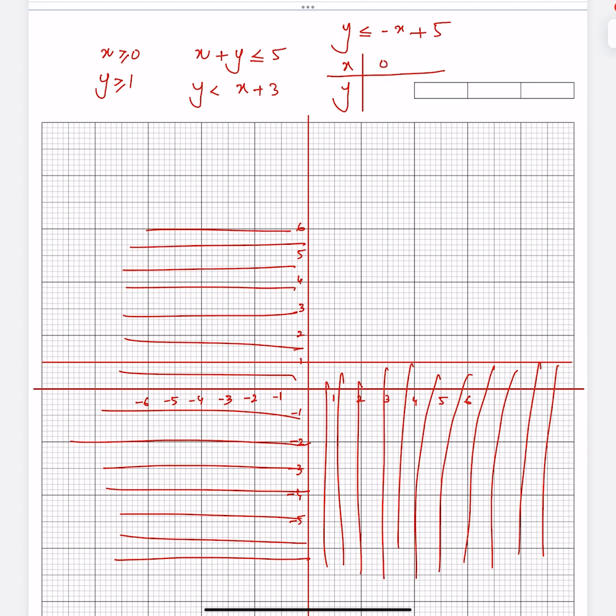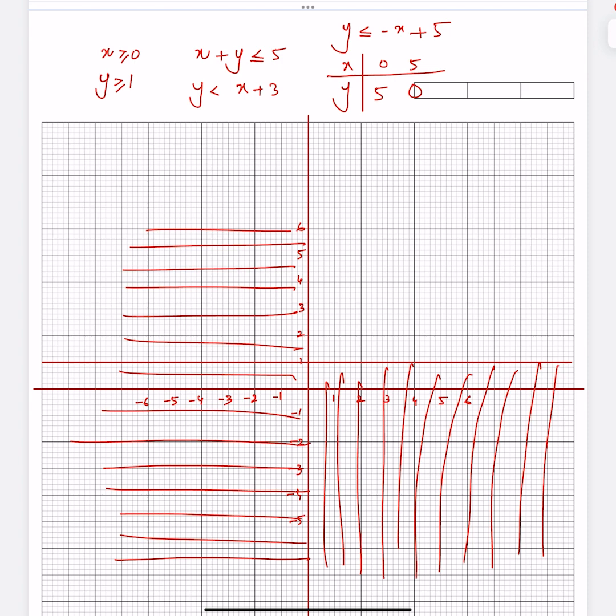For example, if I choose x is 0, you will plug this value in the equation, so it will be 5. And similarly, if you choose x is 5, y will be 0, because minus 5 plus 5 is 0. Now you can draw it on the graph.